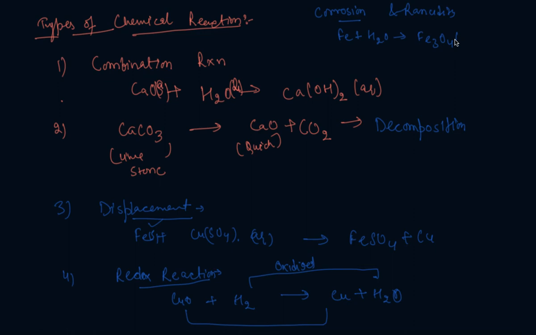And in rancidity, when some oils and fats get oxidized, they produce a rancid smell, or you can say the smell is very foul in nature. So this is what we call rancidity.